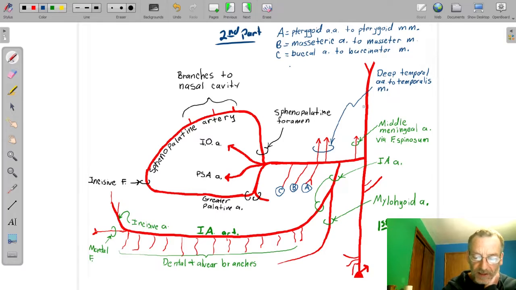But there are the deep temporal arteries to the temporalis muscle. And then A is to the pterygoid, and B the masseteric, and that takes care of our muscles of mastication. And the buccal artery to the Buccinator is also shown. I sort of shortened that just to make sure it would fit in the drawing.